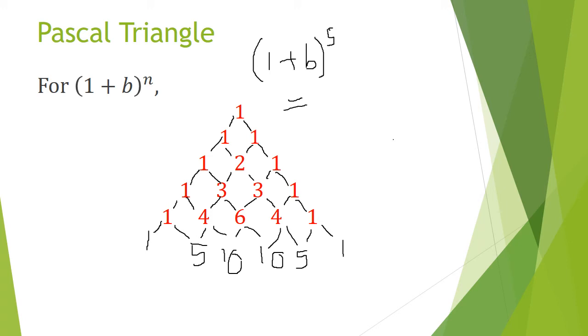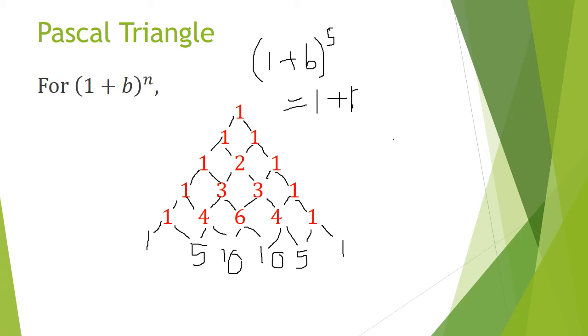Rather, I can use the Pascal triangle and realize that all these numbers are the coefficients of the expansions of (1+b)^0, (1+b)^1, (1+b)², (1+b)³, and (1+b)⁴. So this should form the coefficients of the expansion of (1+b)^5.